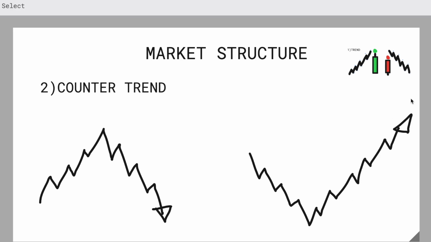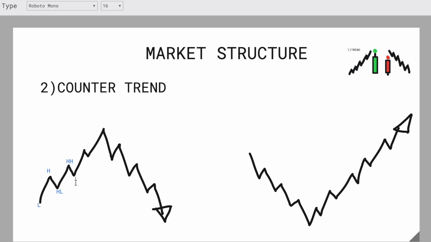So this is our low. This is our high. As we don't know the structure behind us, this is our higher low. This is our higher high.